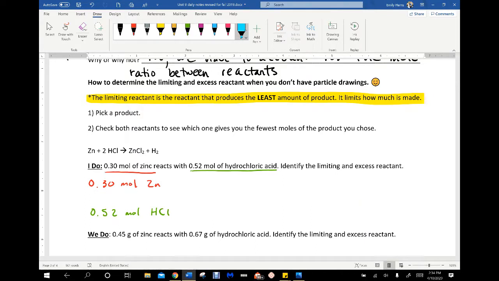We can either pick zinc chloride or hydrogen. Let's just pick zinc chloride. Our goal is to convert both reactants to moles of zinc chloride. If we're converting them to the same ending point, then we can compare and see which one gives us less product. The reactant giving us less product will be limiting.